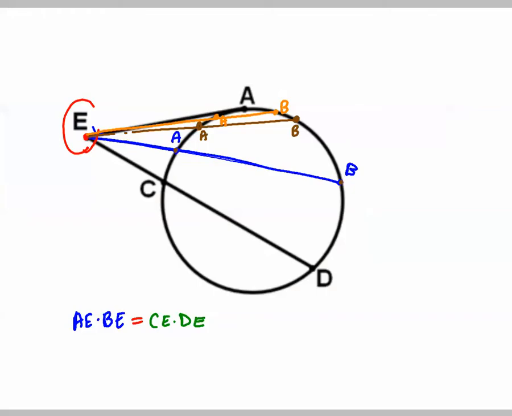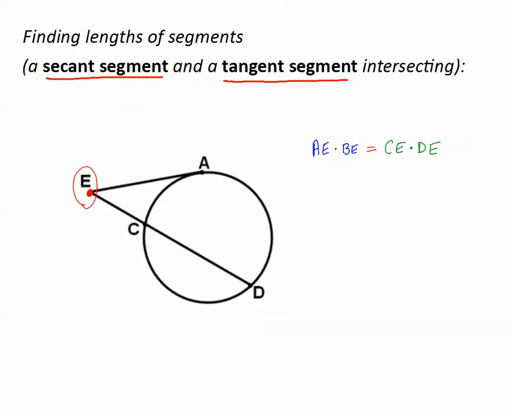So the conclusion to that is when we have a tangent segment, like in this scenario, we don't have points A and B because A and B are essentially the same point. So instead of saying AE times BE, we have AE times AE because it's the same point.